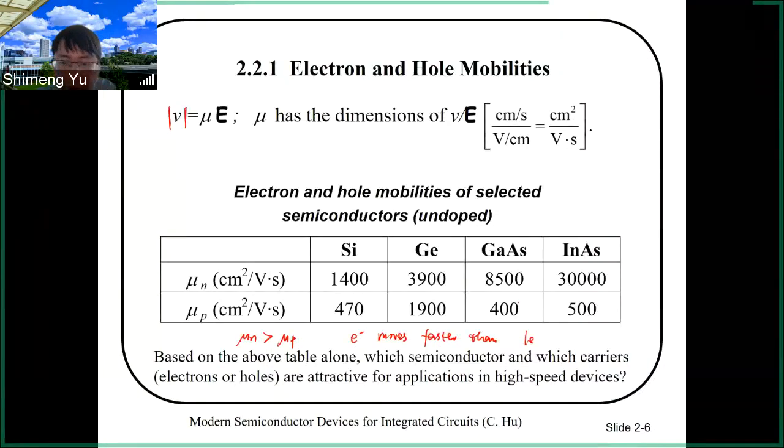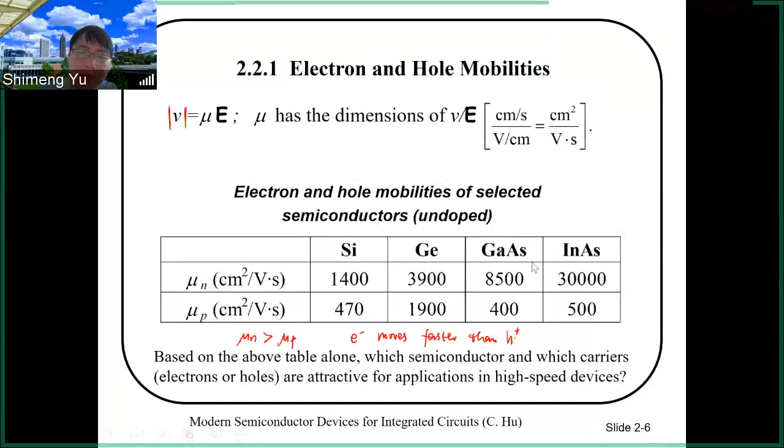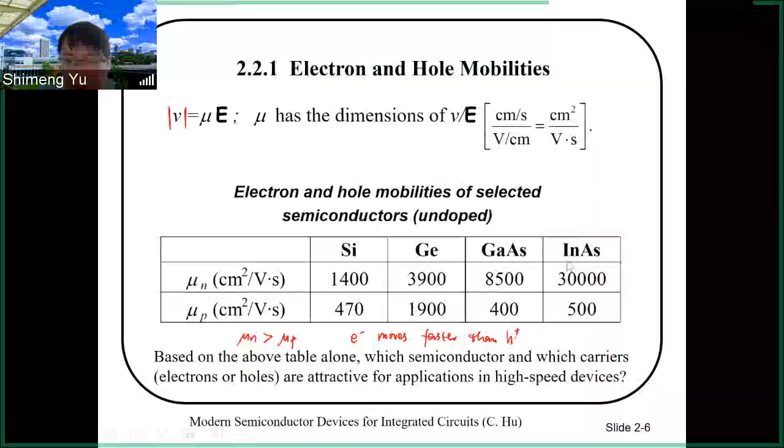And for different semiconductors, the mobility value actually changes a lot. So here we see other semiconductors. For example, germanium is also a group 4 element, and the mobilities are higher. And then if we go to the group 5 semiconductors, like gallium arsenide or indium arsenide, why is this 3, 5?